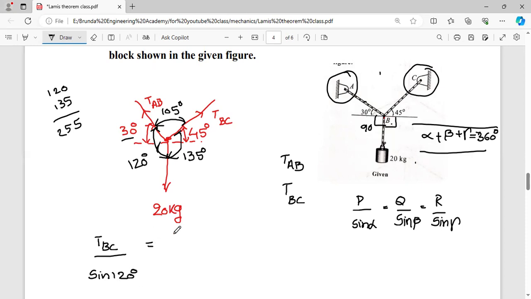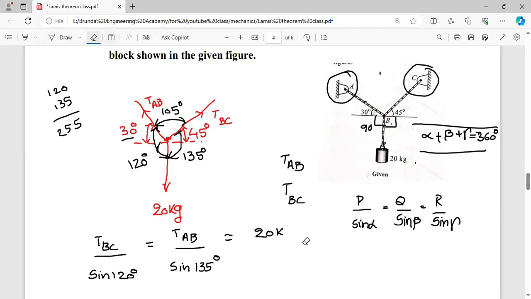Next, coming to the next chord tension, TAB by sine. What are the other two forces except TAB? That is TBC and 20 kgs. So the angle is how much? That is 135 degrees. Next, coming to another force, that is third force, that is 20 kg.